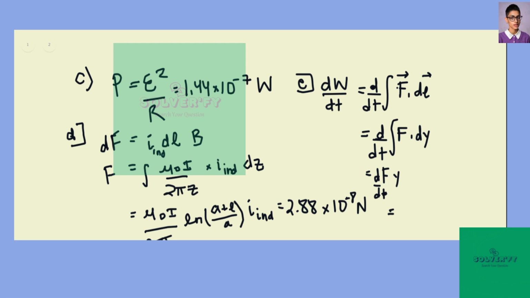So it is dy dt, which is velocity, so it's force times velocity, which I guess is a formula that's come up before. And so now to get that number, I'm going to use this force, 2.88 times 10 to the minus 8, and multiply it by 5.